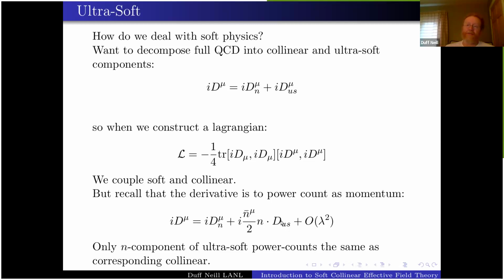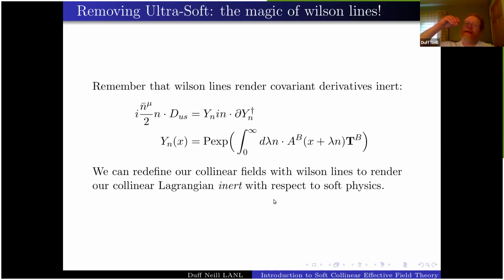But based on our discussion of the Wilson lines that I discussed earlier, this should immediately tell you that there's a trick I can play in order to get rid of this ultrasoft covariant derivative in my collinear sector. Because only one component of that ultrasoft covariant derivative is appearing, all I need to recall is that Wilson lines could always render a covariant derivative inert.